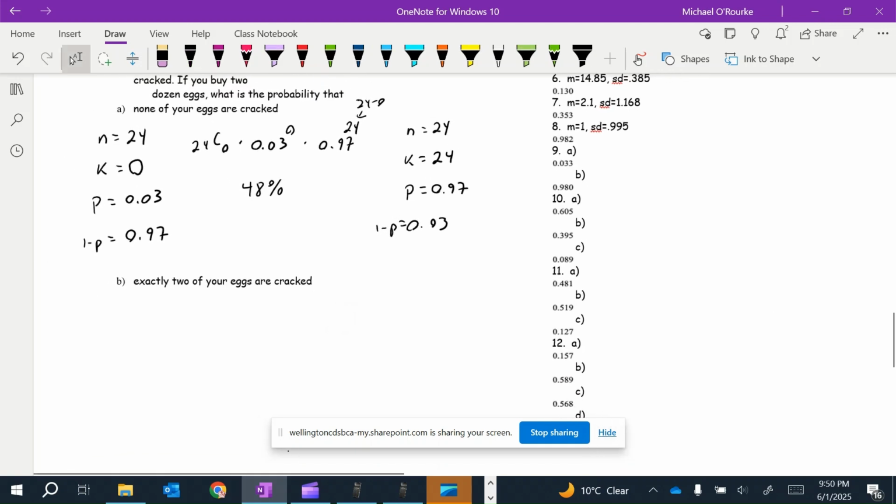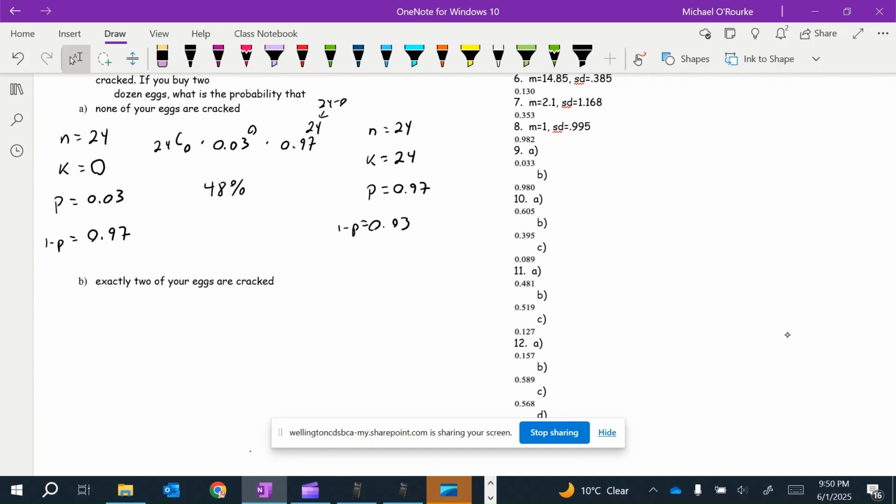Now what's the probability exactly 2 eggs are cracked? n would be 24. My k this time would be 2. My p is still 0.03, and my 1 minus p, 0.97.